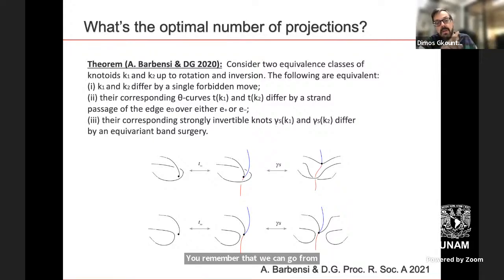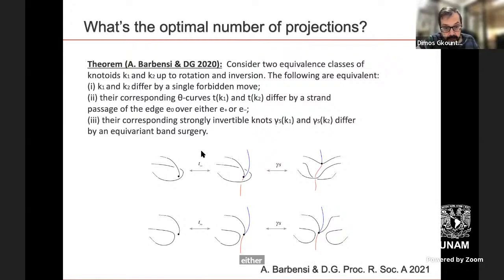So the corresponding knots from the theta curves are called strongly invertible. And again, it's not out of scope for this talk, but I suggest that you go to my paper with Agnese, 2021, so you can see what a strongly invertible knot is. They differ by equivariant band surgery. So equivariant is either coherent or non-coherent plus something extra.